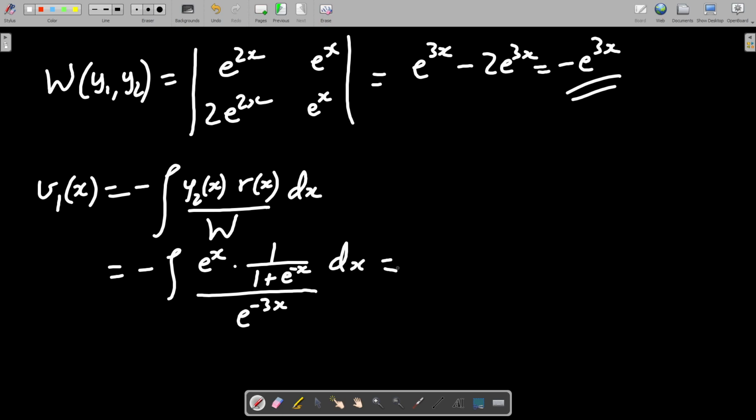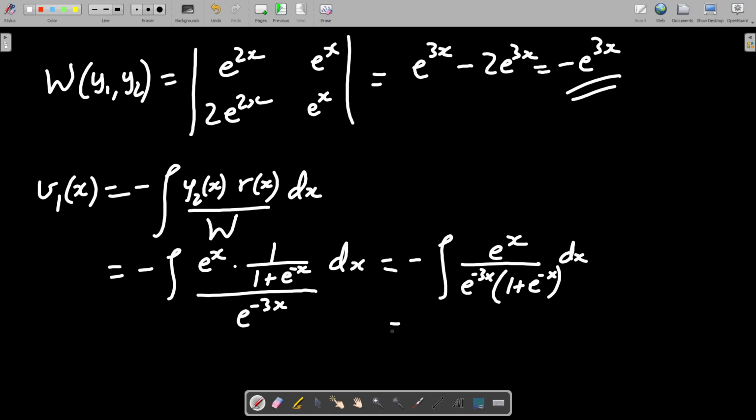Okay, let us simplify this expression first. This will become e raised to x upon, cancel out one term. Can you cancel out?